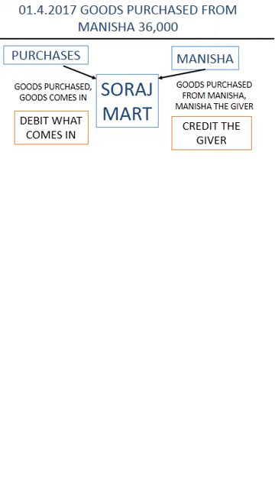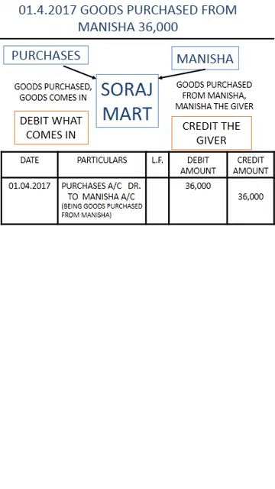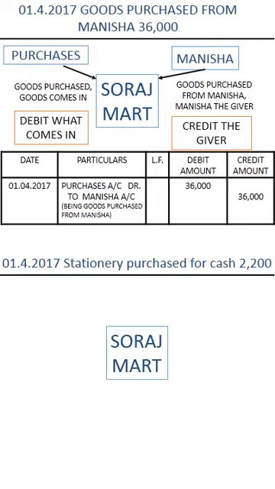Why? Because debit what comes in. For the business, goods come in, and credit the giver. Credit is given by Manisha, so Manisha needs to be on the credit side. The accounting entry is purchases account debit to Manisha account by rupees 36,000.